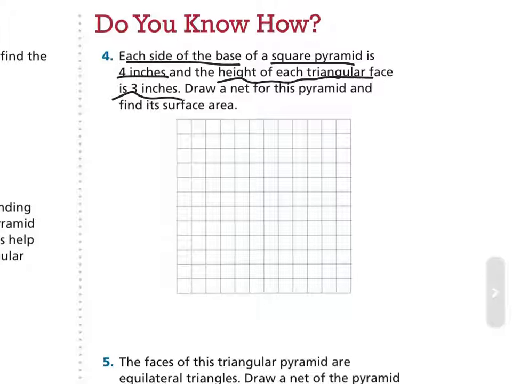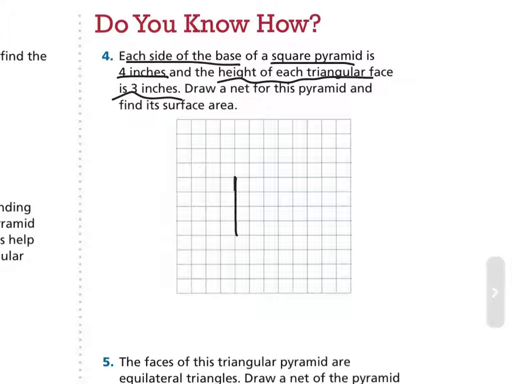So we know the base is a square. When we draw a net, we want the base to be in the middle. Generally works better. So I'm just going to kind of look at this. You know, we don't have to count how many squares there are and make it perfect necessarily. Although we want to be kind of close to the middle just to make sure we have enough space to draw this.